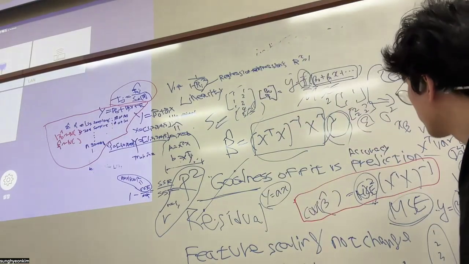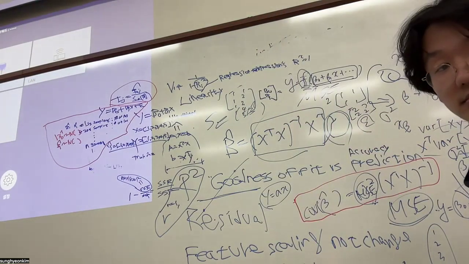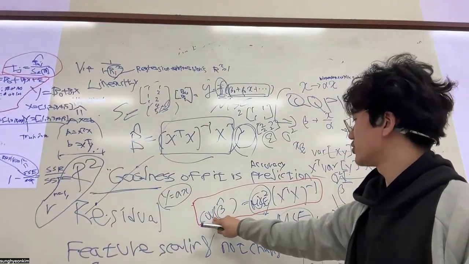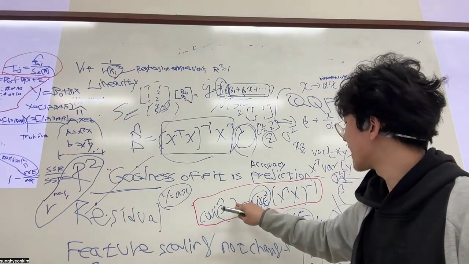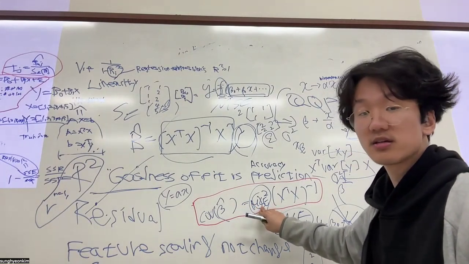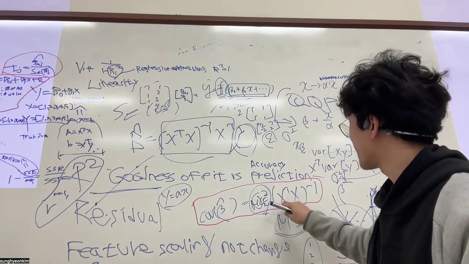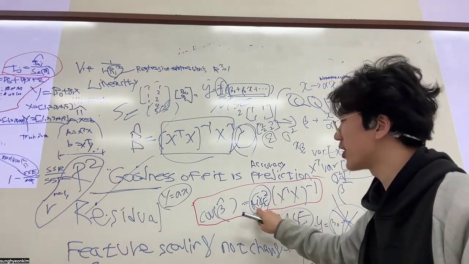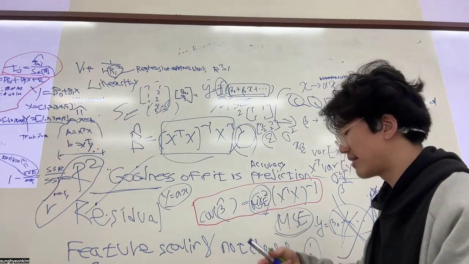Originally, we should calculate it using the covariance of beta hat, which equals sigma squared multiplied by X transpose X inverse. But in this case, we don't know sigma squared, so we change it to MSE.